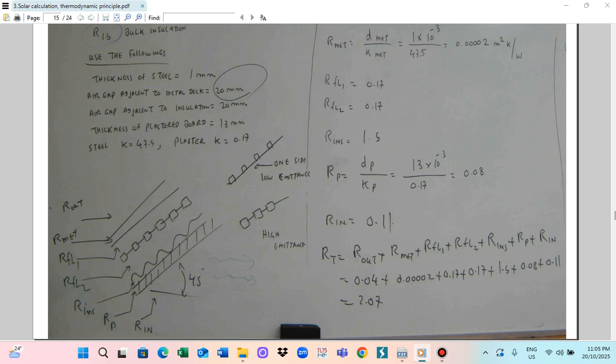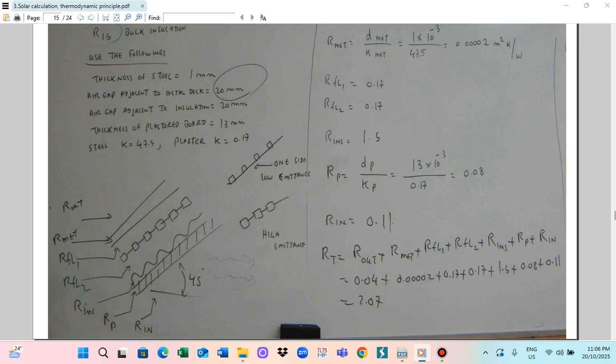So I will take the up, 0.17. And the width is 20 millimeter, because you see here, the width given adjacent to metallic is 20 millimeter. So you have to use 20 millimeter, and this R is equal to 0.17.